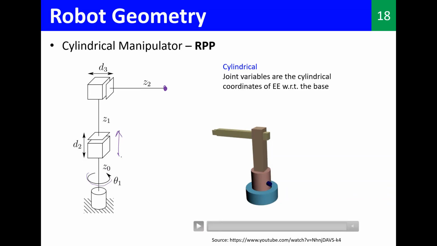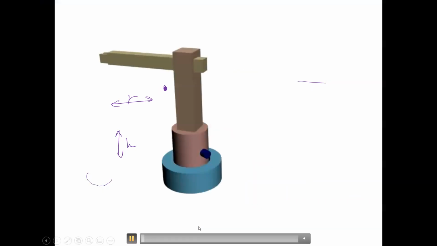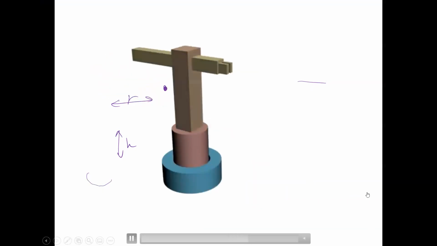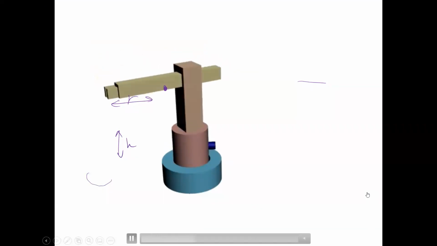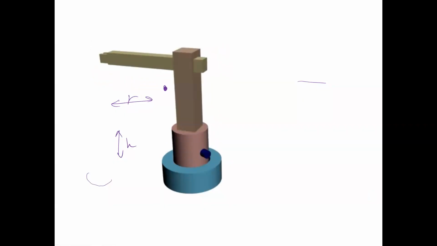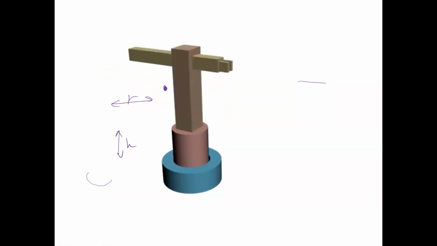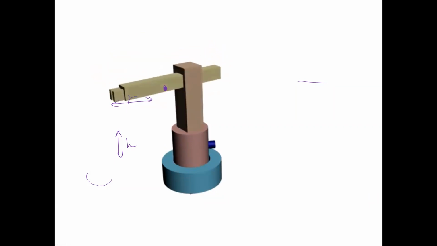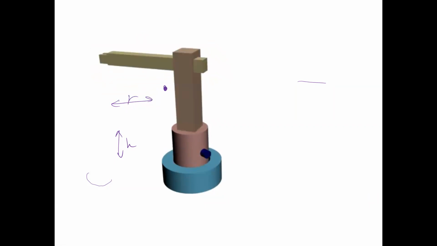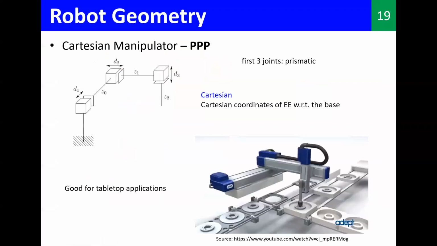This is like the height in cylindrical coordinates, and this is like the radius, right? So we have that cylindrical coordinate system, and here you can see how it actuates. Right, so we'll move on to the next one.